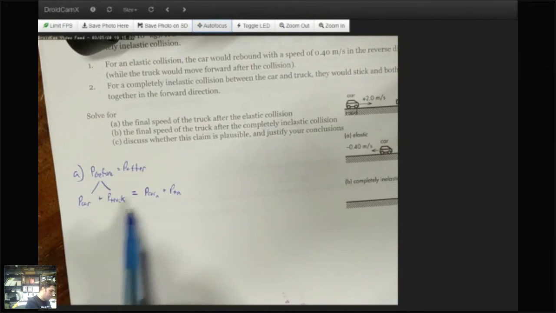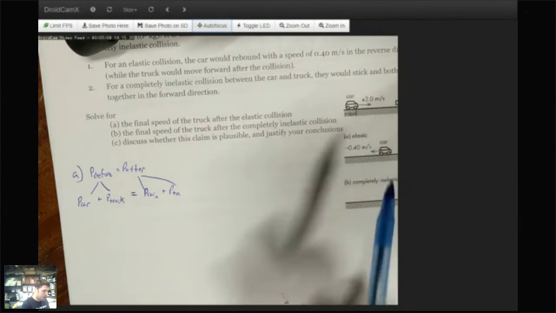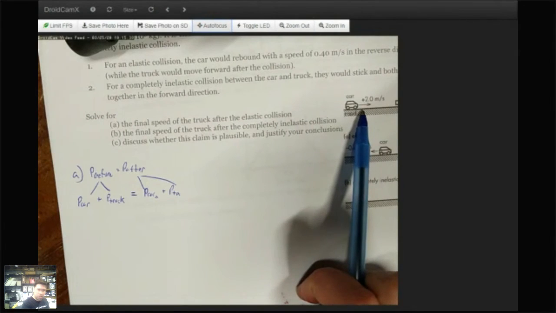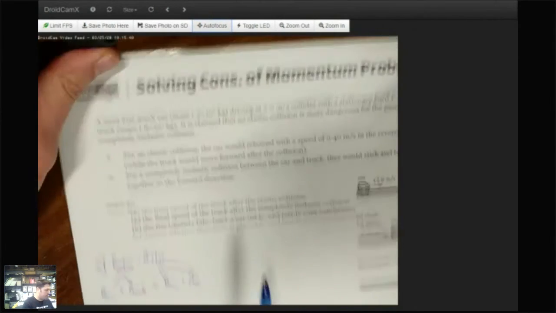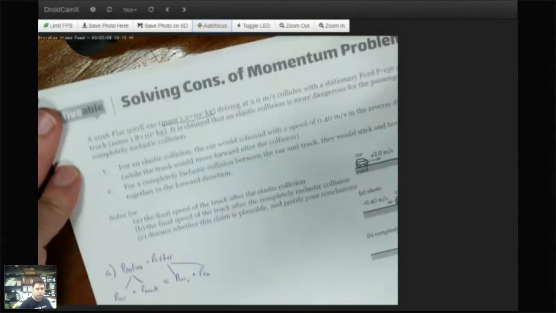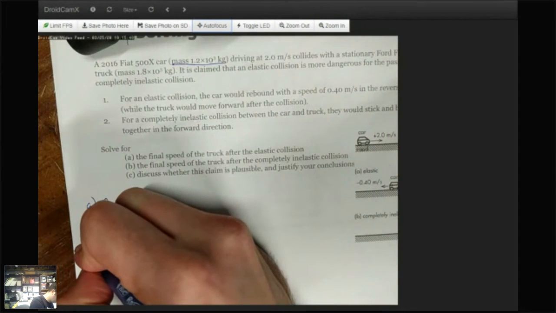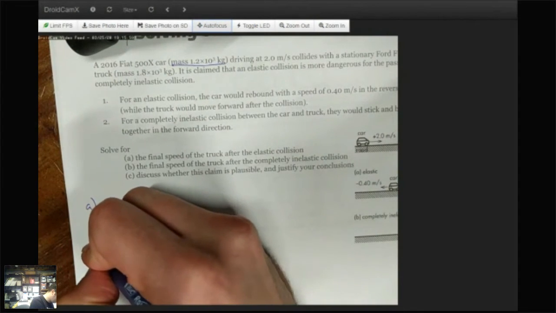Okay, so now branching this out one more time, I've got my two things going on here, before and after. The car, beforehand, 2 meters per second, and has a mass of 1.2 times 10 to the third kilograms. So M car, V car.